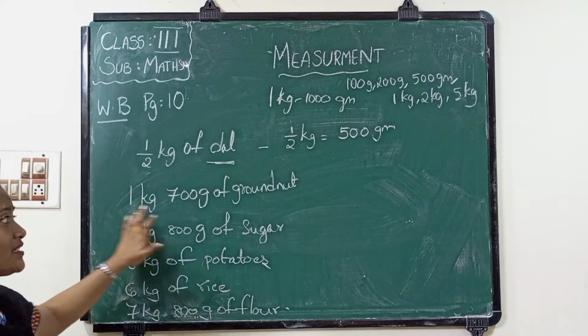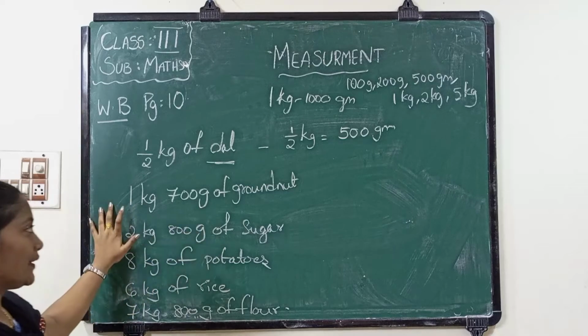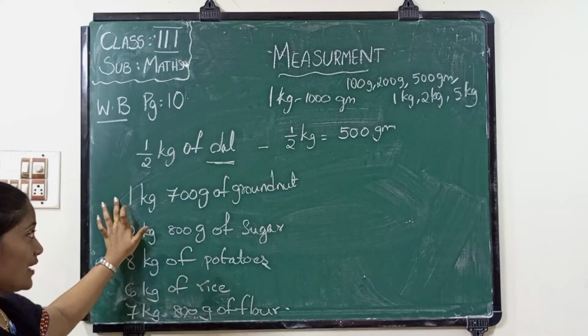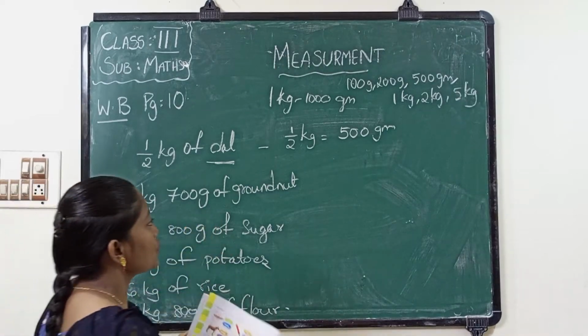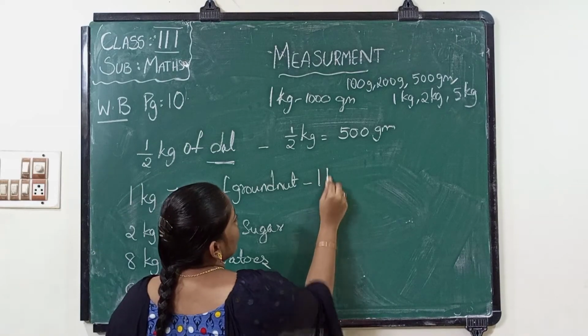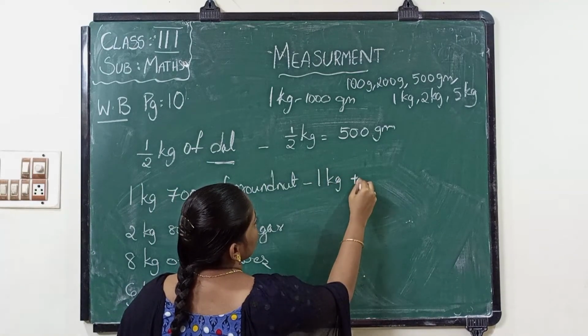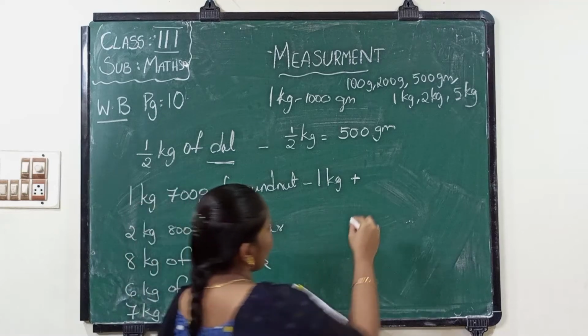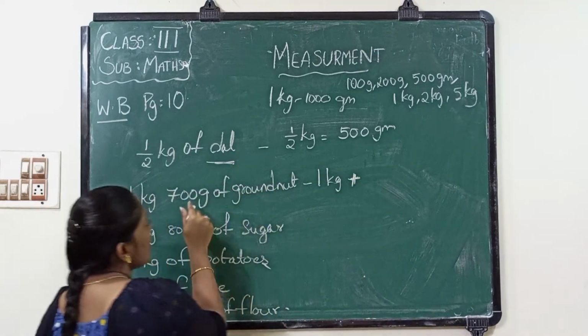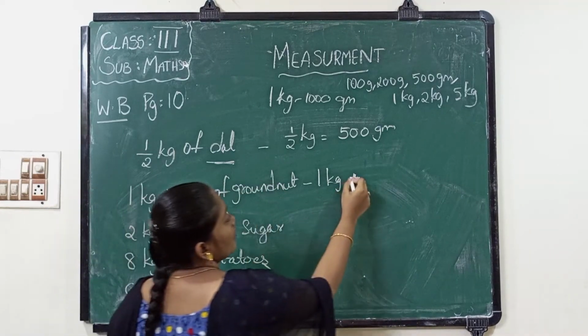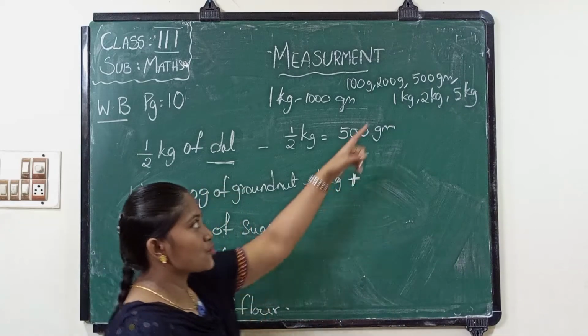Next one, 1 kg 700 grams. Total 1 kg and 700 grams. So we have to write it as 1 kg plus 700 grams. We are not having any 700 grams stone here.